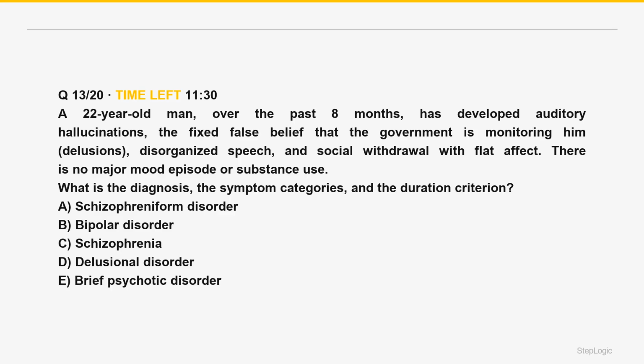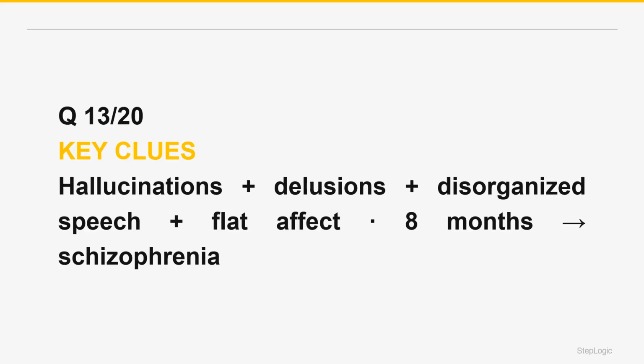Read the command: diagnosis, symptom categories, duration. Hallucinations, plus delusions, plus disorganized speech, plus negative symptoms. Six months, schizophrenia, positive versus negative, dopamine. This is schizophrenia. The diagnosis requires at least two of the 5 core symptoms, with at least one being a positive core symptom: delusions, hallucinations, often auditory, disorganized speech, grossly disorganized or catatonic behavior, and negative symptoms.